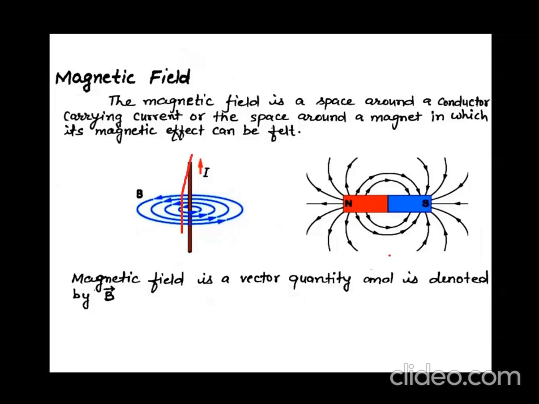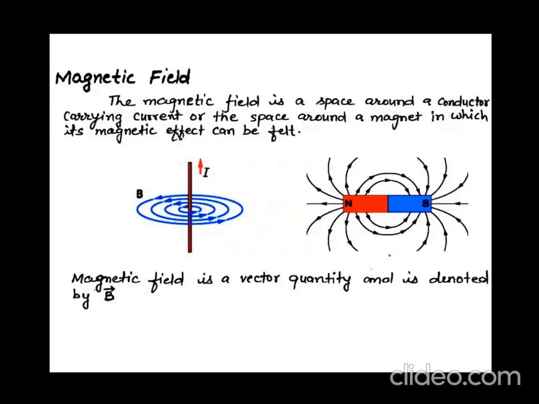Suppose this is your wire in which the current is flowing. The area around this in which the magnetic effect is felt, in which the magnetic force is felt, where some force of attraction or repulsion is felt, that space around the wire is known as the magnetic field, right?